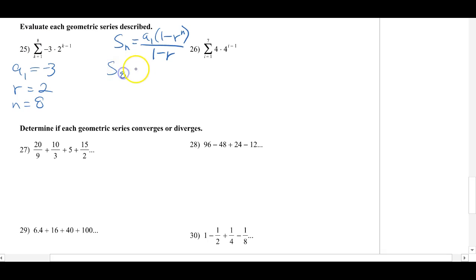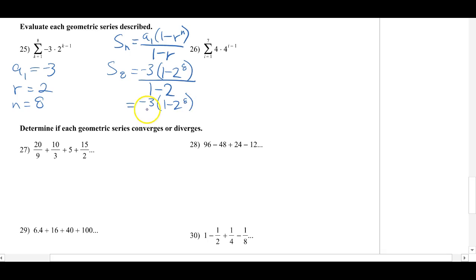So now S sub 8 is equal to a1, which is negative 3, times 1 minus r, which is 2, raised to the n, which is 8, all over 1 minus r, which is again 2. Now let's simplify this as much as I can. Negative 3 times 1 minus 2 to the 8th.